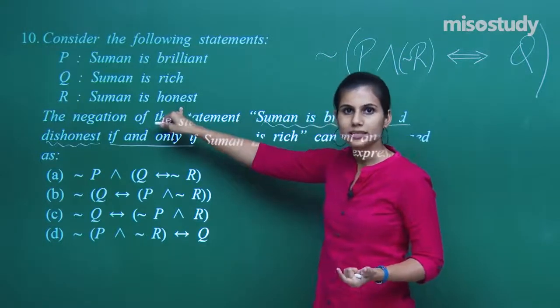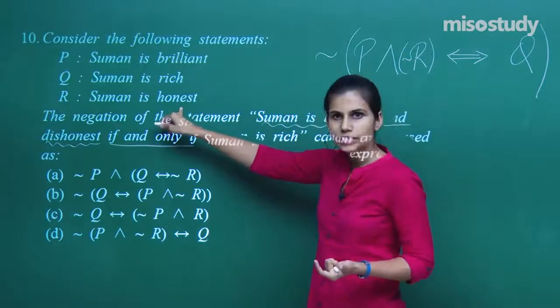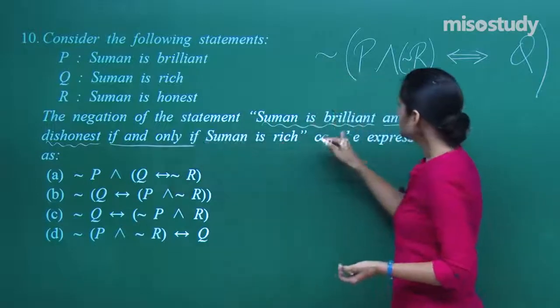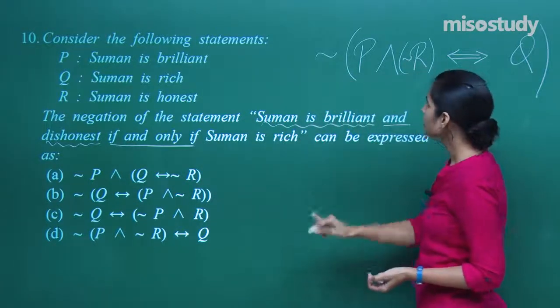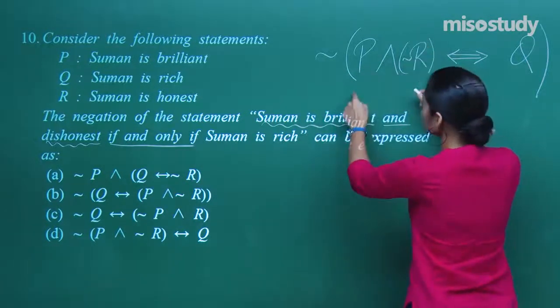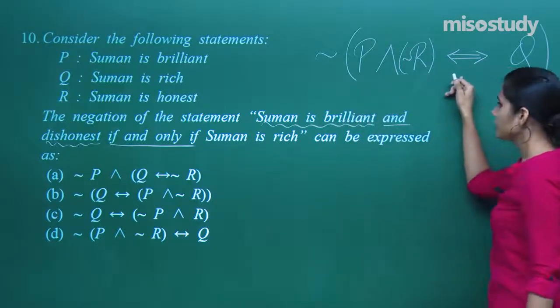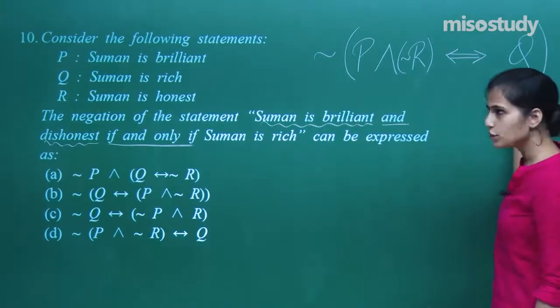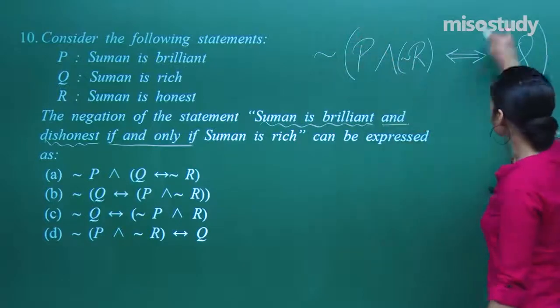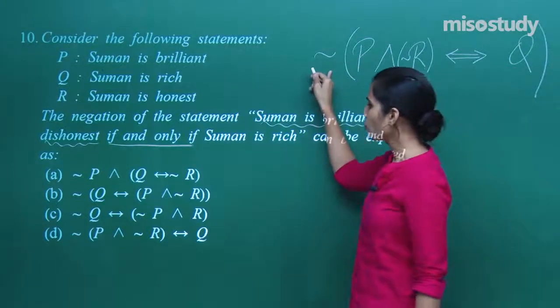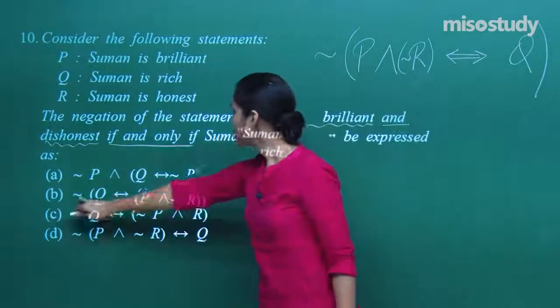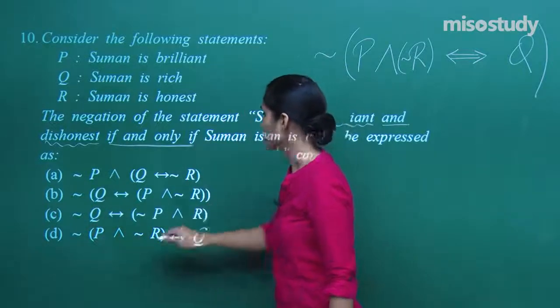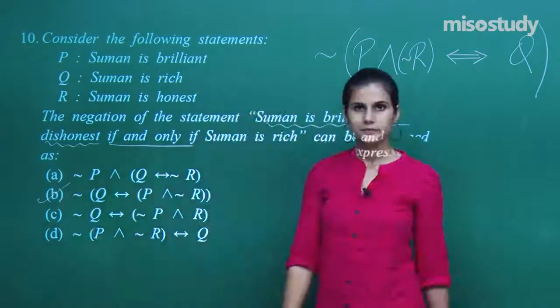So, not R will be Suman is not honest, or dishonest. So this is the statement, if and only if Suman is rich, that is Q. Negation of it is the negation of this complete statement, and therefore what is given to you is negation of Q implying P and not R. This is the right answer.